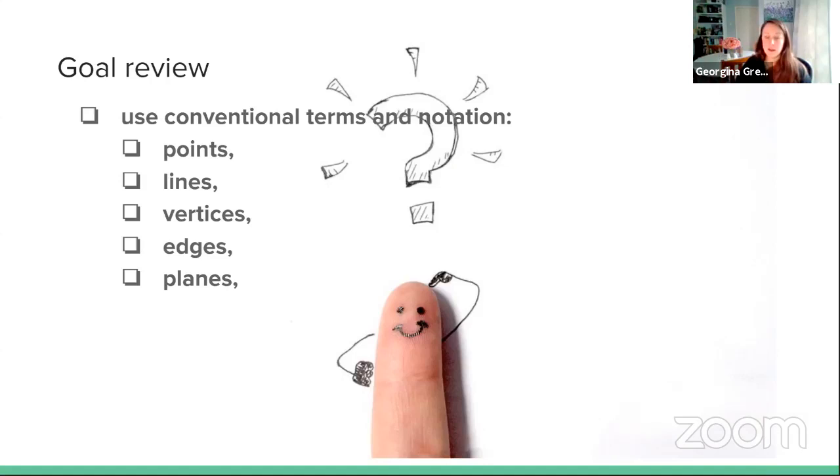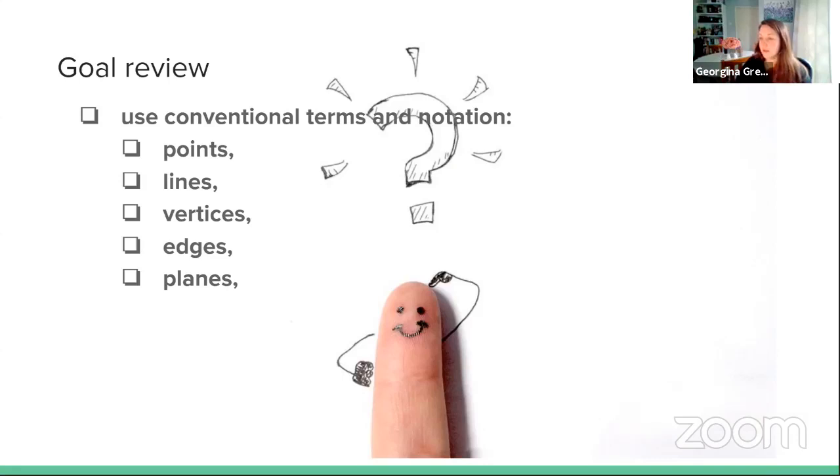The vertices are the corners of the shape. The edges are the lines that define the boundaries of the shape, and the planes are quite often the faces of the shape, but they can be standalone, just a 2D surface that extends infinitely, so it's not necessarily just the face of the shape that defines the plane. It goes on beyond that.